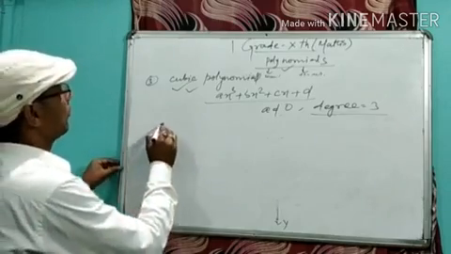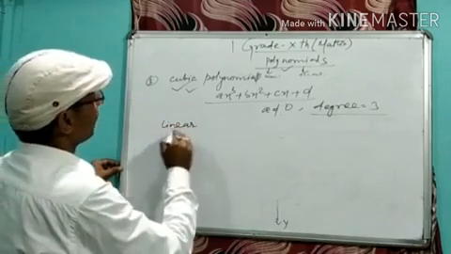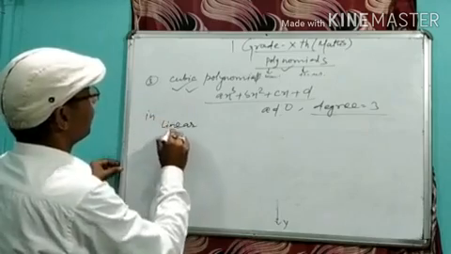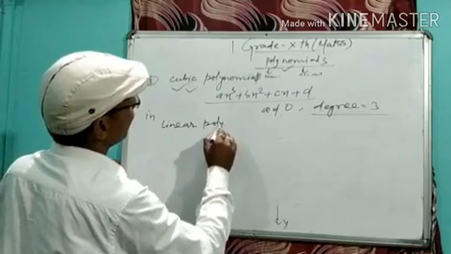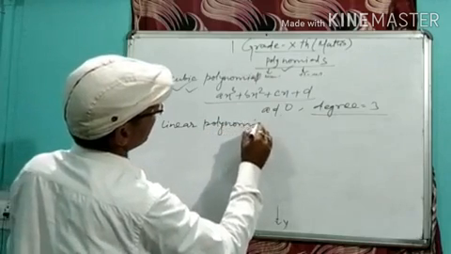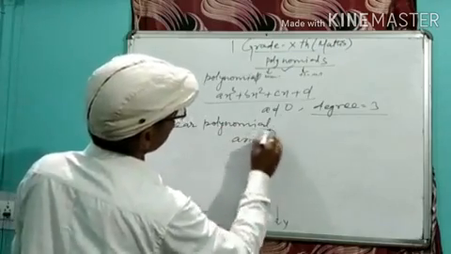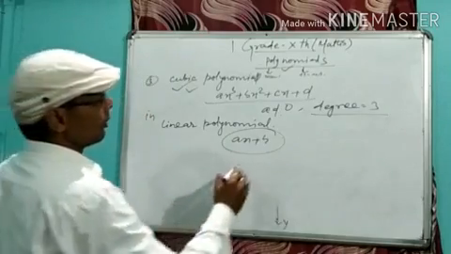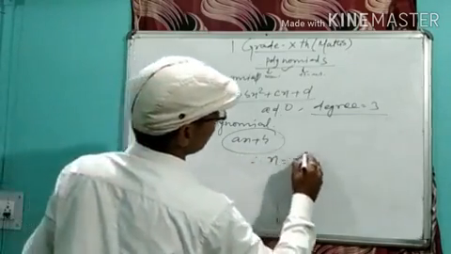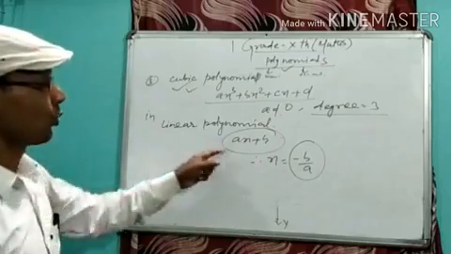Suppose a linear polynomial. In a linear polynomial, you know ax plus b, this is the linear polynomial, and here x is equal to minus b by a. This is the zero of this polynomial.